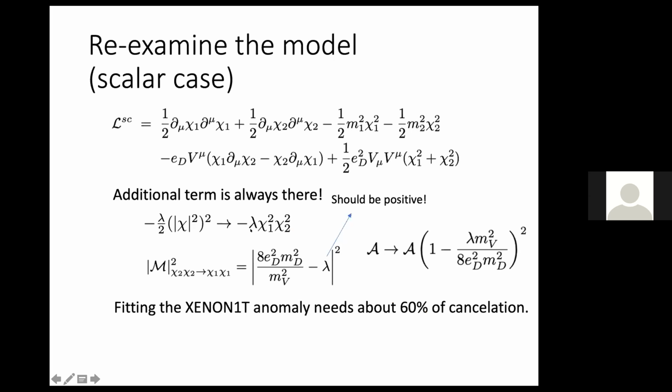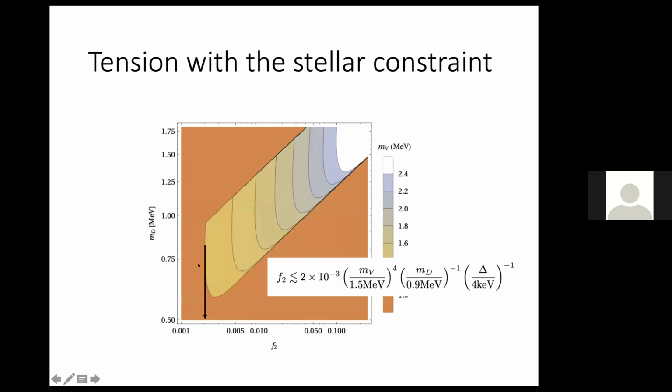The effect of this lambda always cancels with the tree-level t-channel diagram in the 22211 process. Once we have a lambda, the process for the down-scattering of chi2 to chi1 in the early universe can become smaller. To fit this XENON1T analysis, if we have something like a 60% cancellation, we can comfortably fit this analysis without a marginal value.